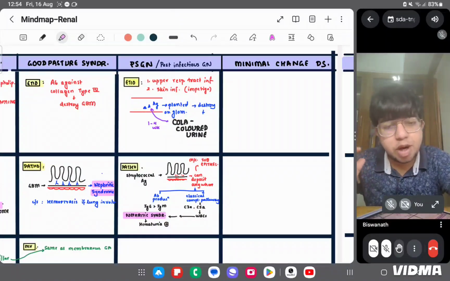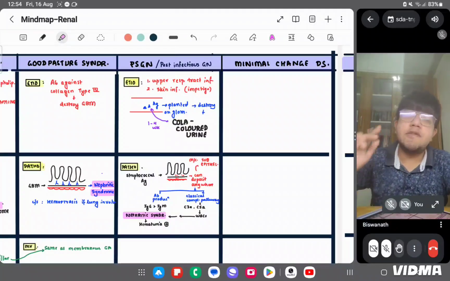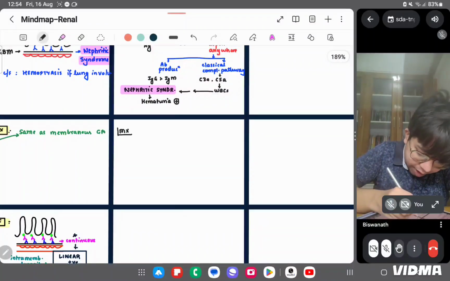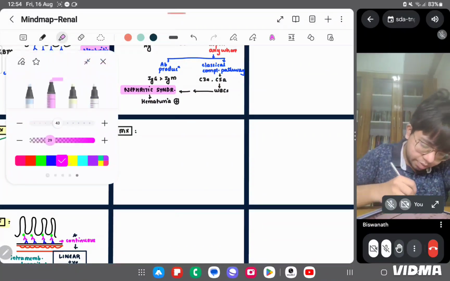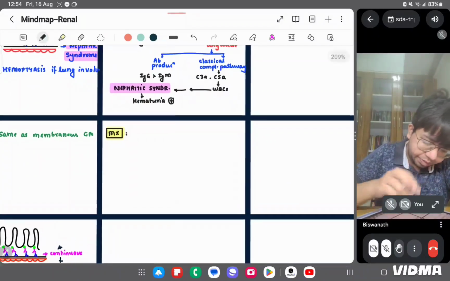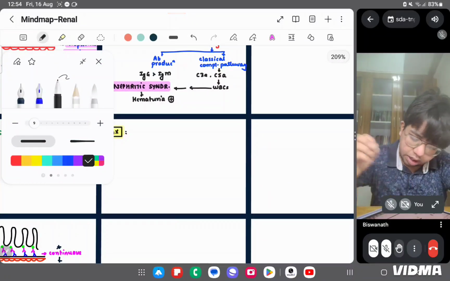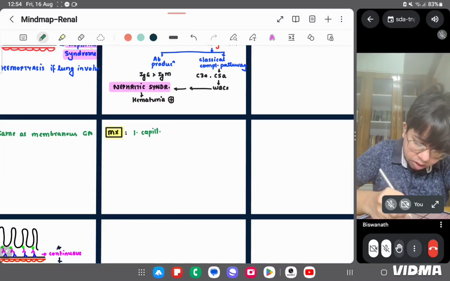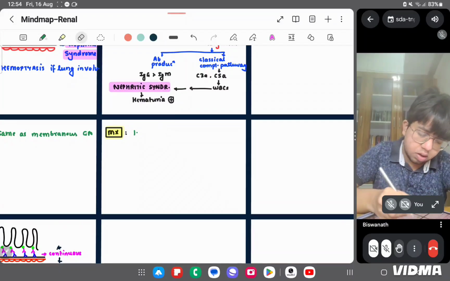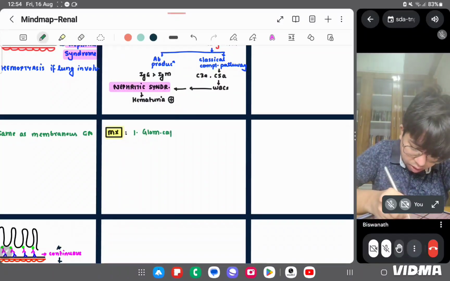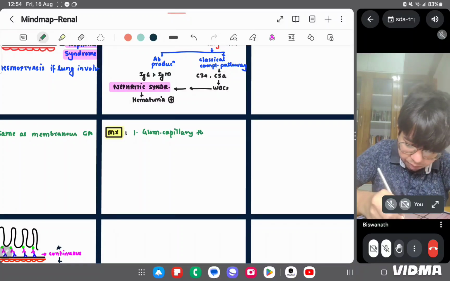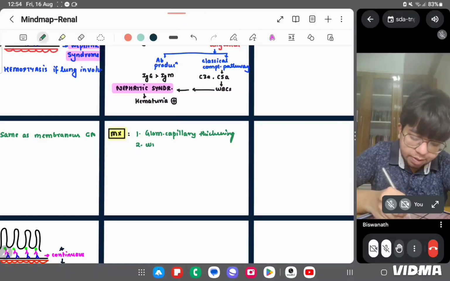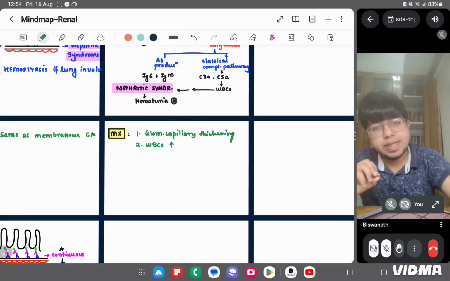Let's move to the microscopy of post-streptococcal glomerulonephritis. Of course, there will be glomerular capillary thickening associated with this also. So on microscopy, there is glomerular capillary thickening, as well as WBCs seen inside the glomerulus.